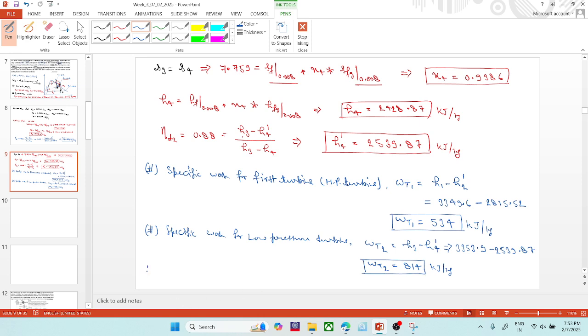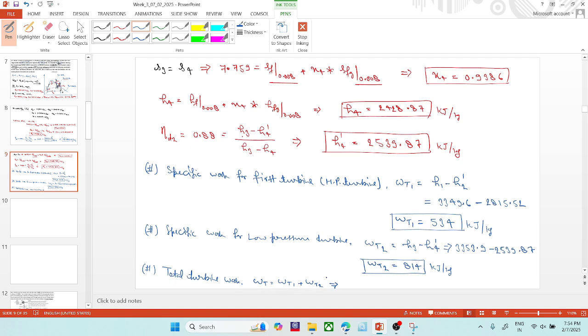So we can also write it here. Total turbine work WT is equal to WT1 plus WT2.